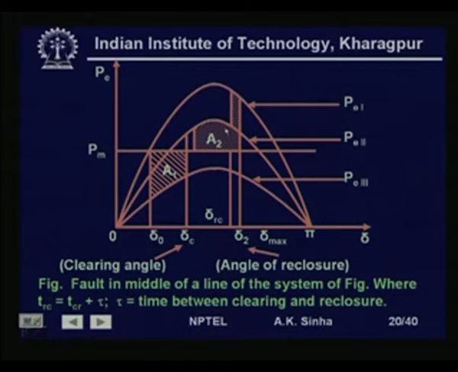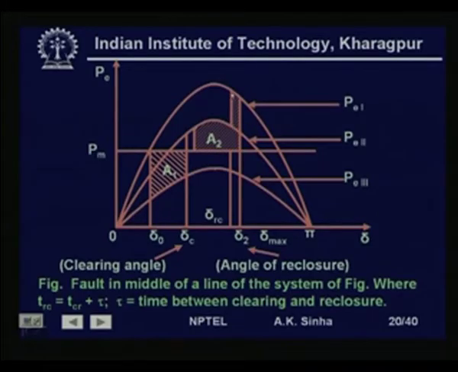So, normally in most situations we allow 1 or 2 reclosers, and after that the circuit breaker is locked with its contacts open. Otherwise, it may lead to instability in the system.